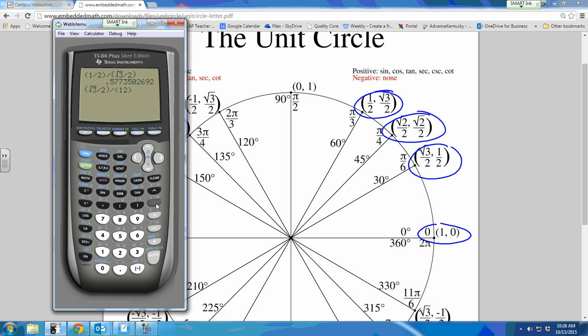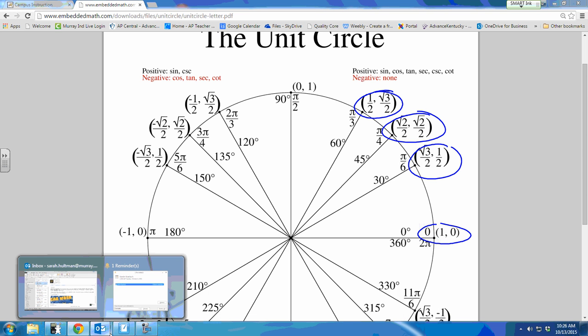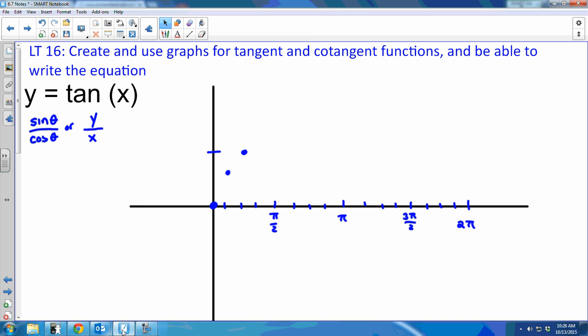They get 1.73. So we can already tell that they aren't going to be confined like sine and cosine was always confined between 1 and -1. We started to change the amplitude. It had some boundaries. This one goes beyond that, so 1.73. So we'll say this is 2. Right?